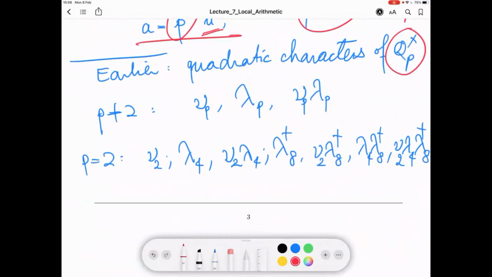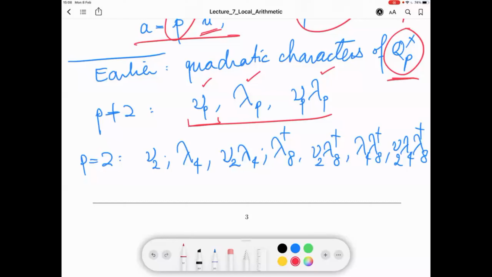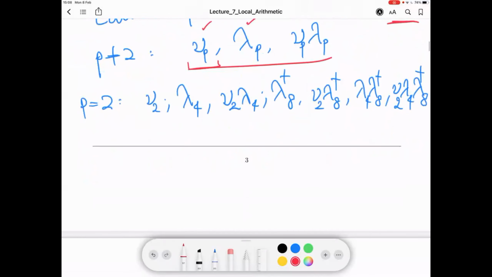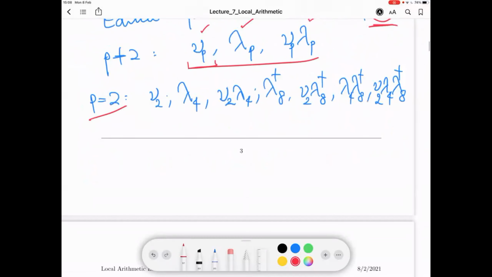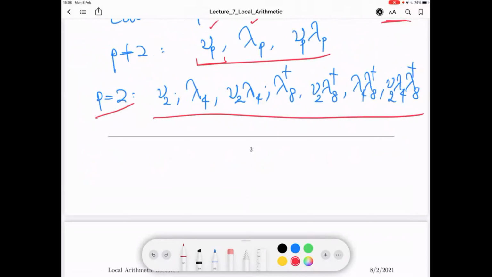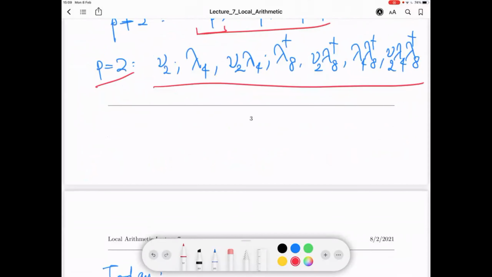And this nu_P, we had called it the unramified quadratic character. For P equal to 2, there are 7 quadratic characters. Here they are. Nu_2, this is the unramified one.